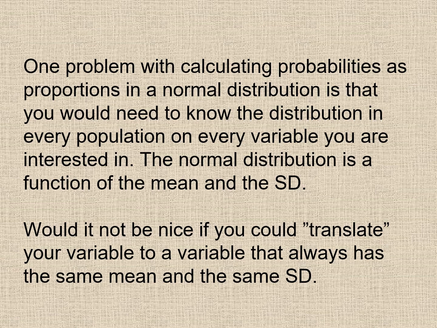So if we would like to calculate probabilities for Swedish women on the variable depression, we would need to know the mean and standard deviation on depression in the population of Swedish women in order to calculate probabilities. For instance, what is the probability of receiving a value above 12?